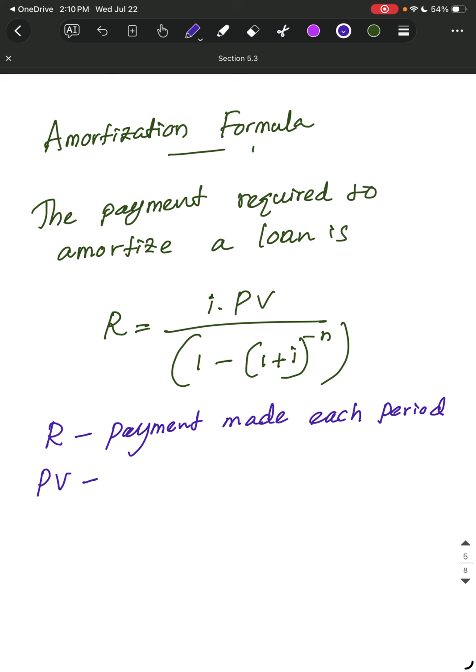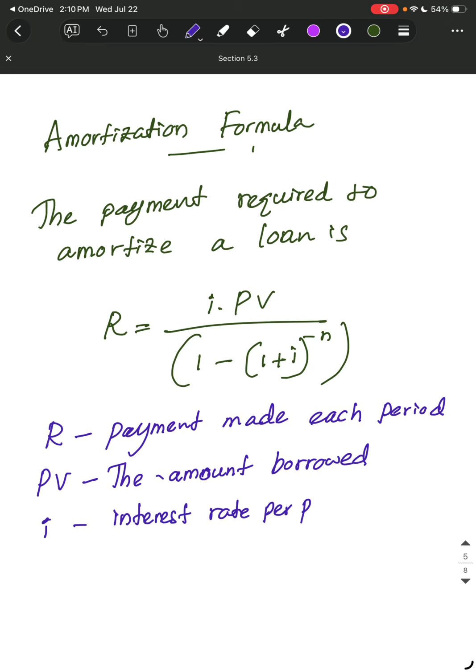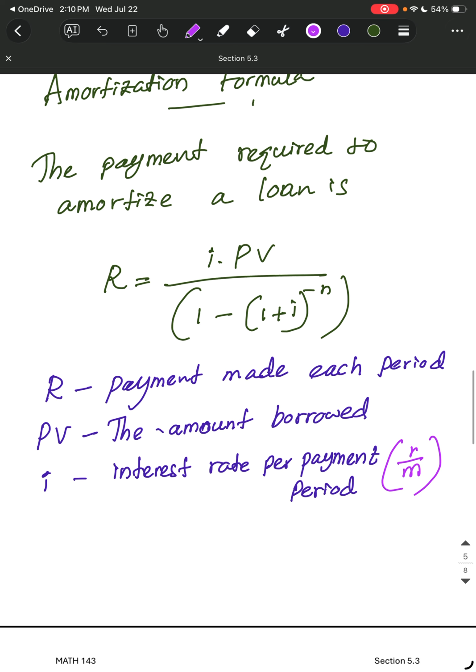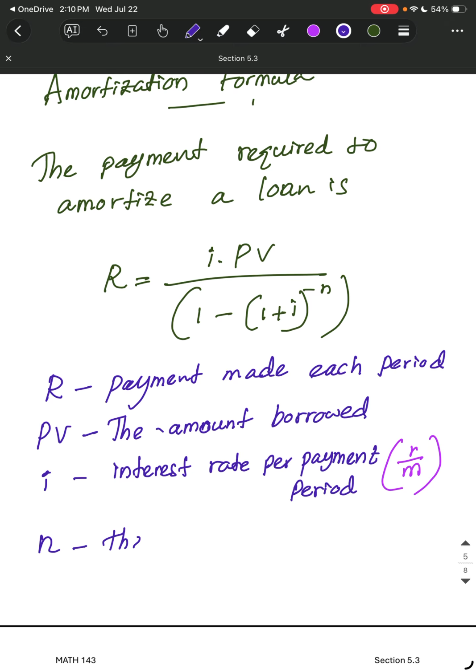PV is the amount borrowed. i is the interest rate per payment period, that is, the annual interest rate over the number of compounding periods. n is the total number of payments.